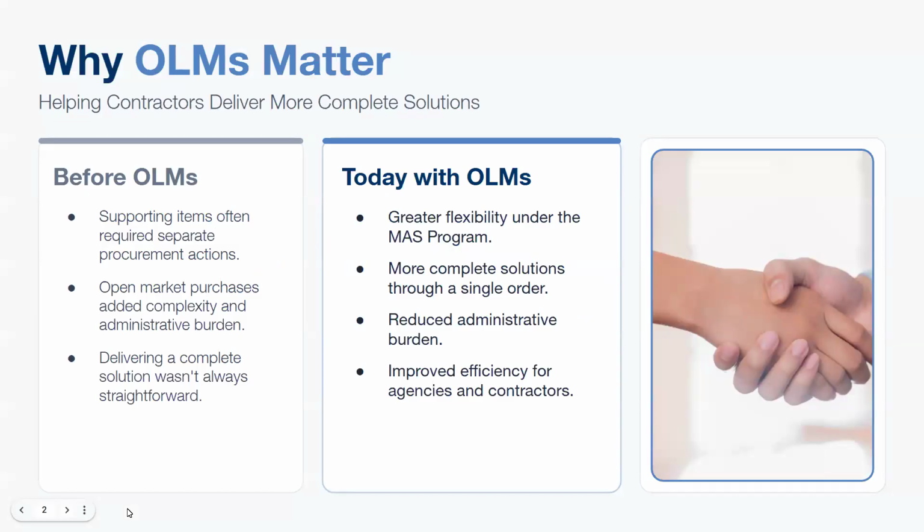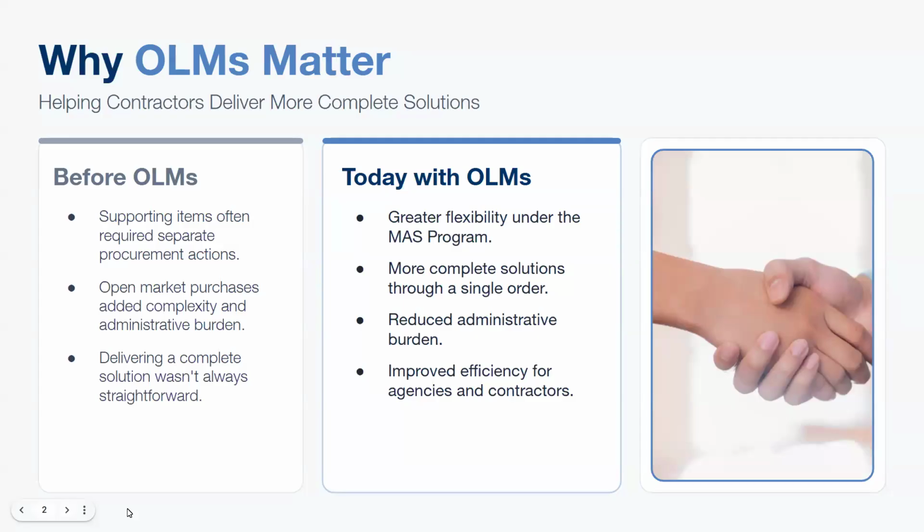So why were OLMs needed in the first place? Contractors can often provide the primary products or services under their MAS contracts, but may also need incidental supporting items such as specialized materials, software licenses, shipping, or installation.